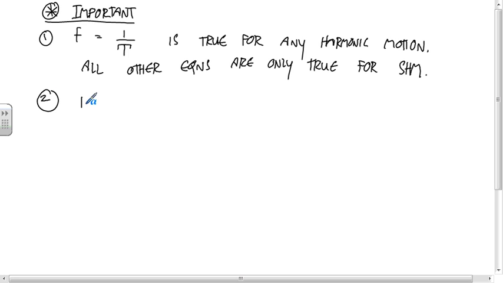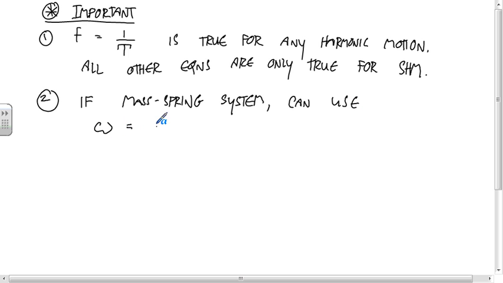Second, if you're talking about a mass spring system, you can use the fact that omega is equal to the square root of k over m.